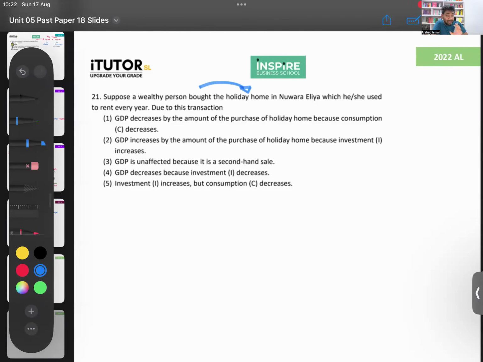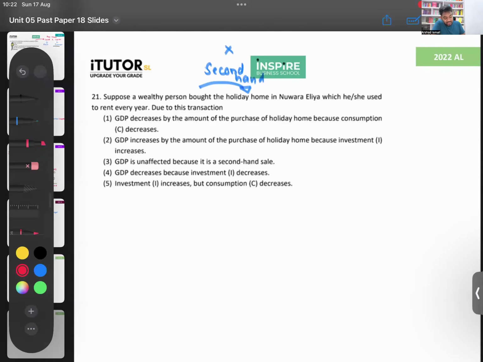So will that affect GDP immediately? If I go and buy a holiday home that has already been built and someone was owning that, will that be a part of GDP then? No, because if it is a newly constructed one, yes, because it's a brand new purchase. But here it won't, because this is second hand. So this holiday home thing won't be there.